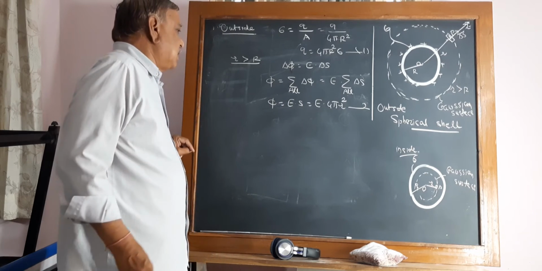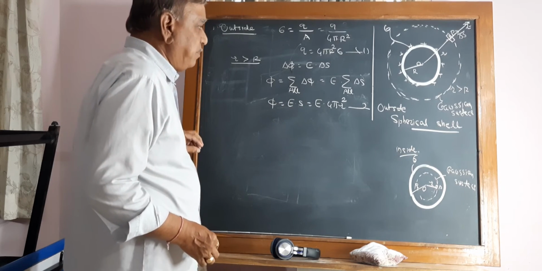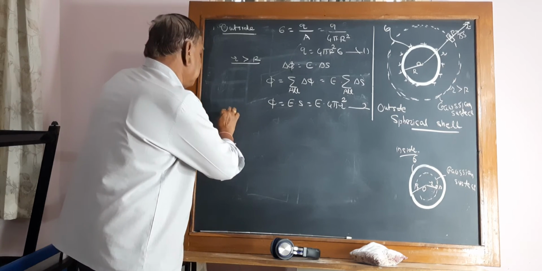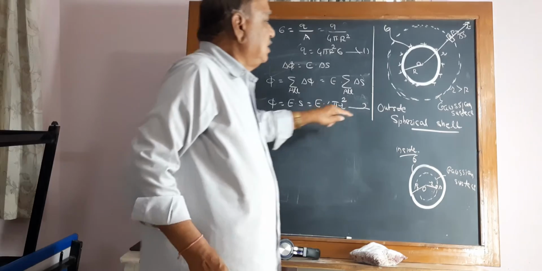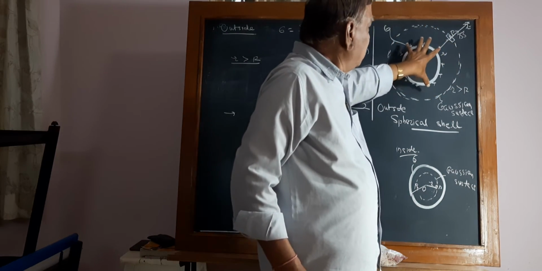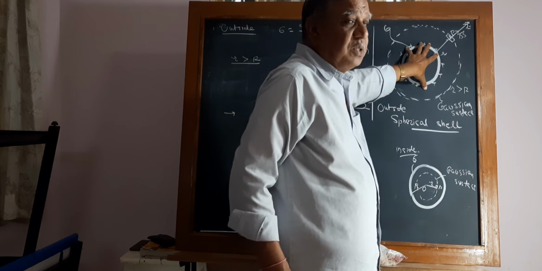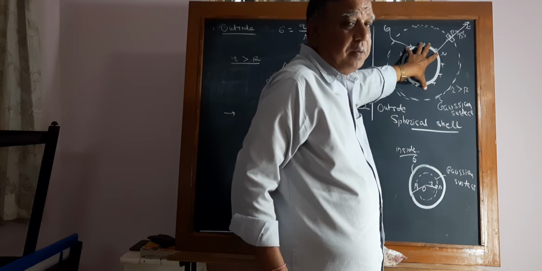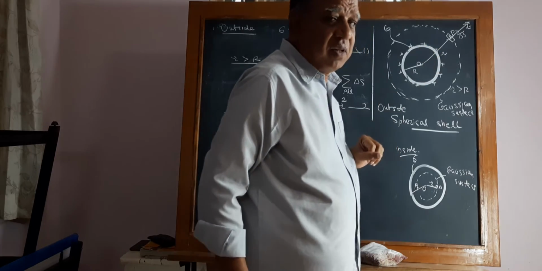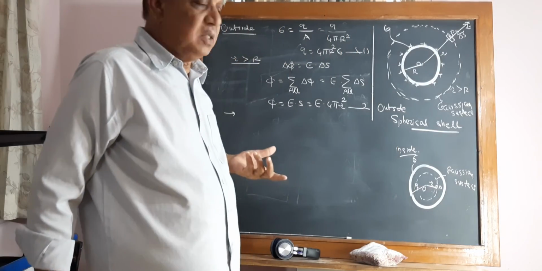Now the second part, the charge enclosed by the surface. Then it's clear that the spherical shell is already inside it. So the total charge on it is enclosed by the surface.